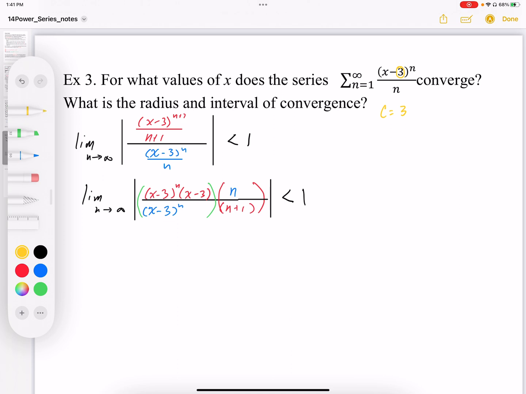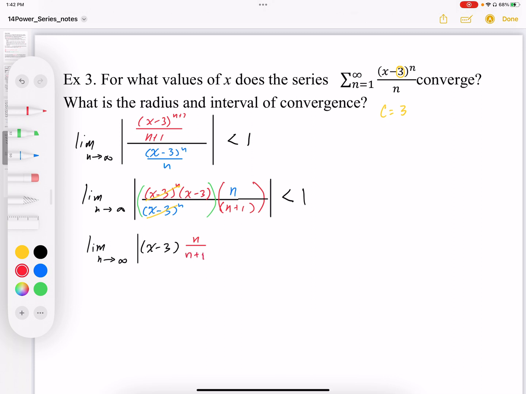So we can cancel out a few things. The (x minus 3)^n's are going to cancel out. We're left with x minus 3. That's the x part of our power series function. The n over n plus 1 is going to simplify to 1 when we apply the limit. So we end up with the limit as n approaches infinity of an x minus 3 factor, and then the n over n plus 1 is going to be equal to 1.